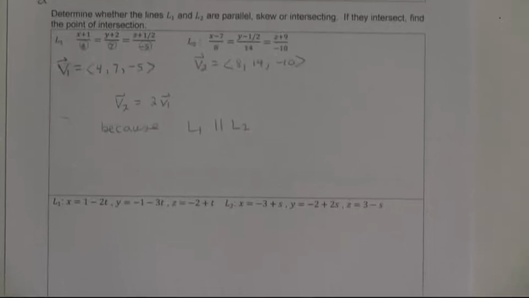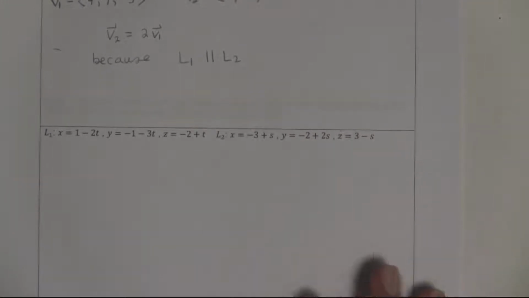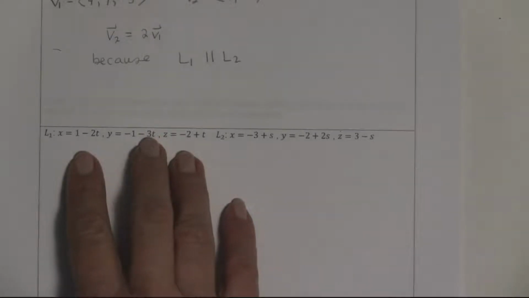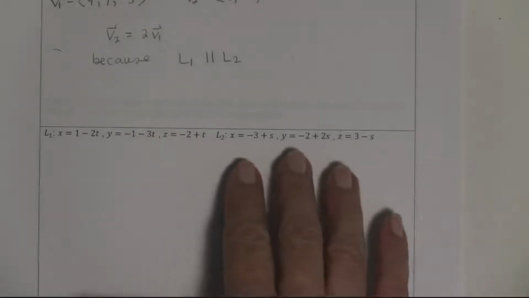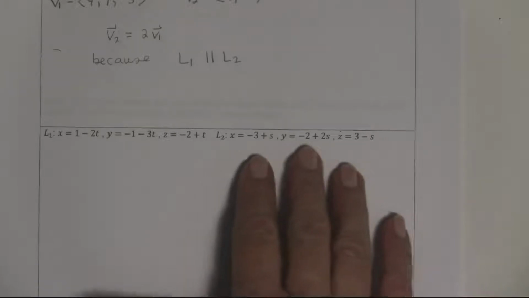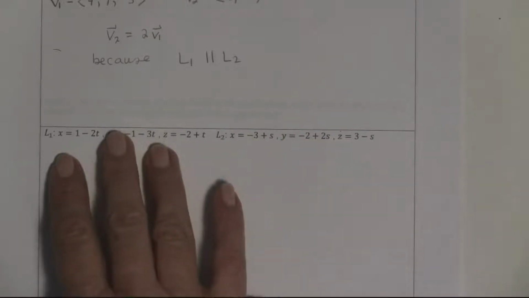And then we'll do another example here. And this is in parametric form, right? Line 1 is in parametric form. Line 2 is in parametric form as well. They've used S's so that we don't confuse the T's and the S's with one another.